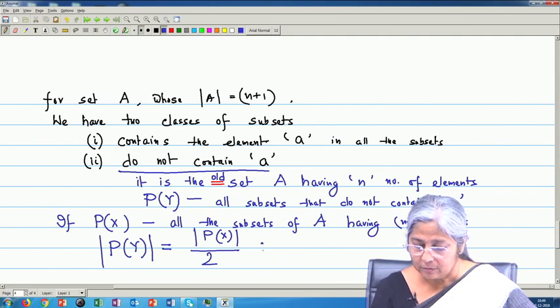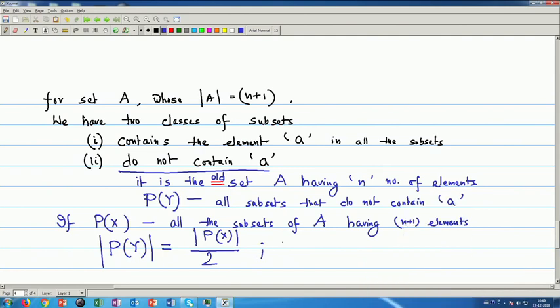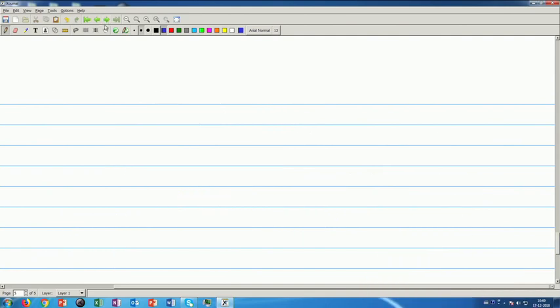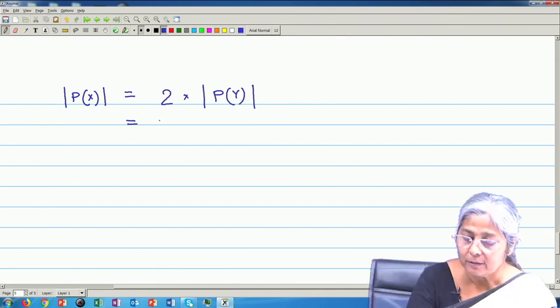So, the cardinality of P x is 2 into the cardinality of P y. And what is the cardinality of P y?